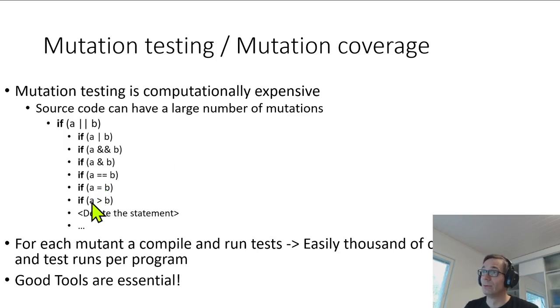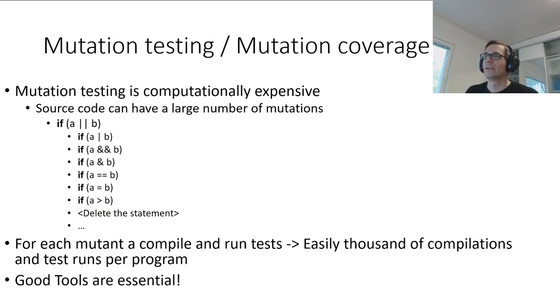We could do A greater than B, and so on. We could even delete the statement. So you can see, we only studied this one if statement, and it was quite easy for me to come up with 7 different possible modifications, and I could have kept adding those.